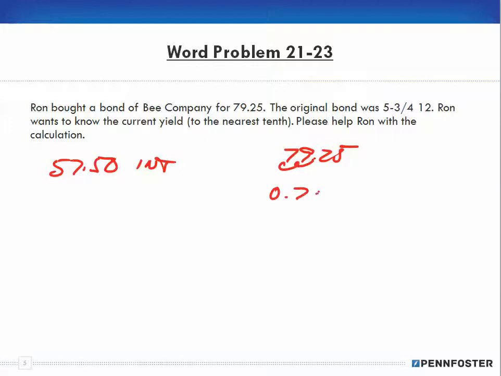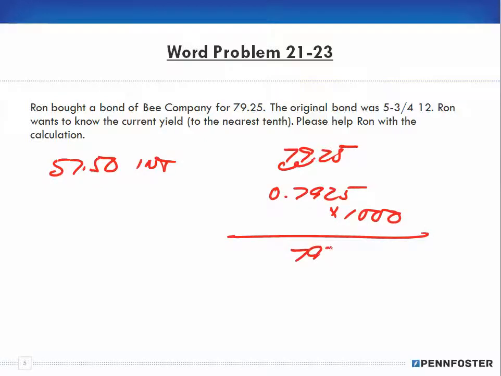So I'm at 0.7925, and I multiply that times the $1,000 face value, and that gives me $792.50. You can do all of the math, I took the shortcut. So I'm going to divide that by 792.50. That's my cost.